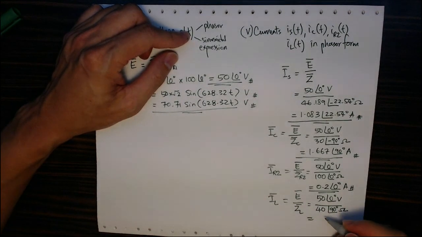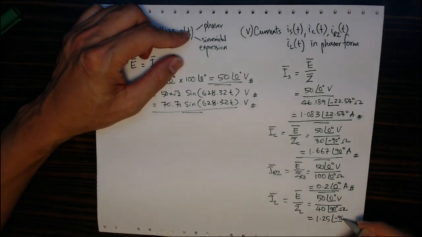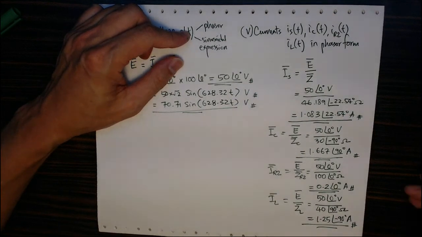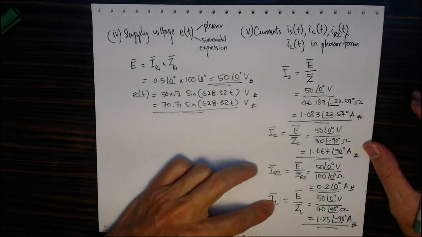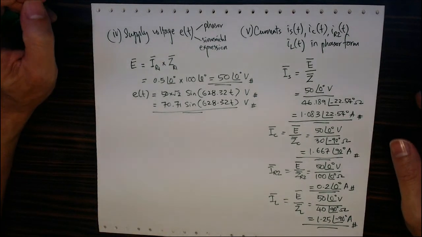That's equal to 1.25 at an angle of minus 90 degrees ampere. So here are all the currents in polar form. And that's all for part A.